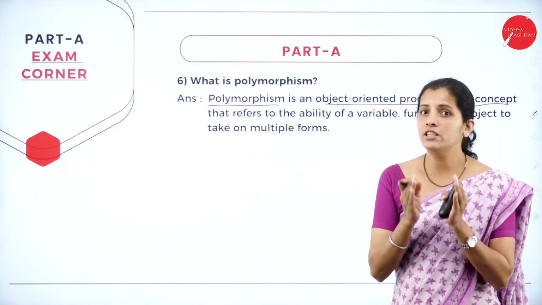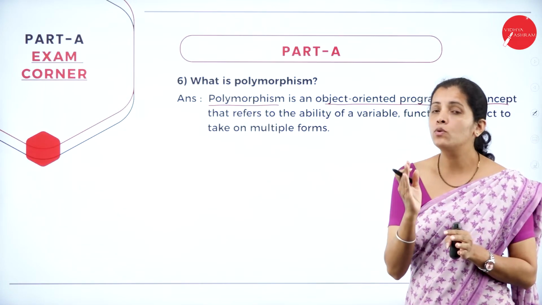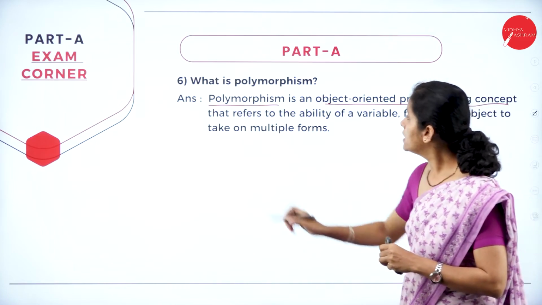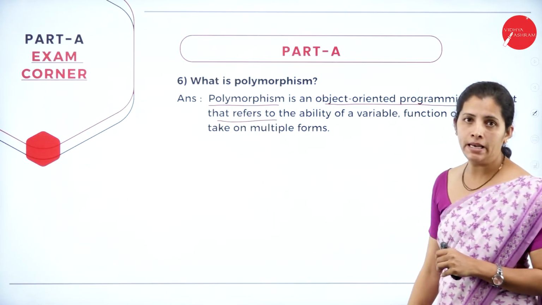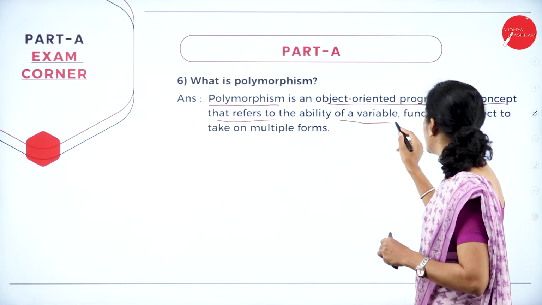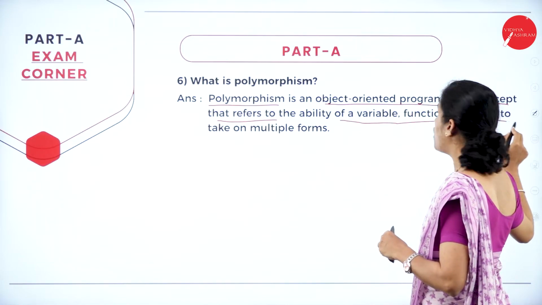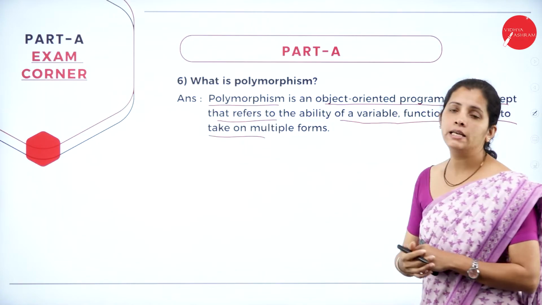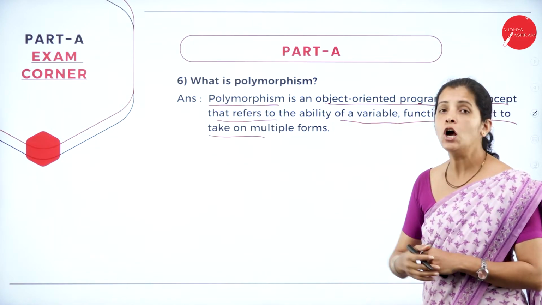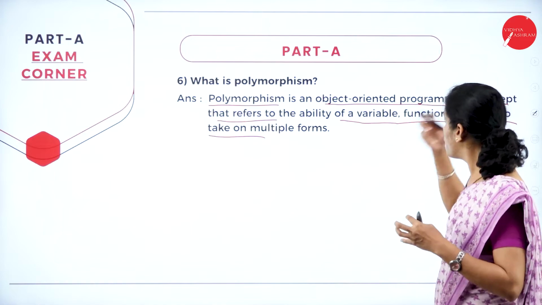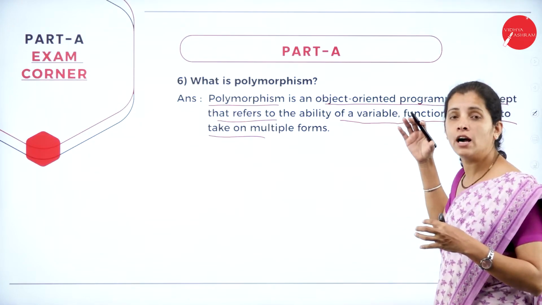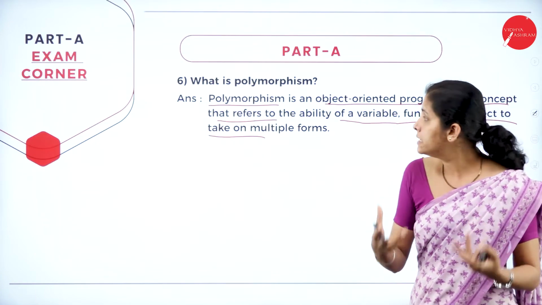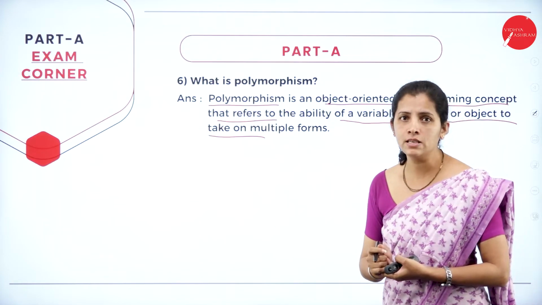The main feature of object-oriented programming is polymorphism, that refers to the ability of a variable, function or object to take on multiple forms. That means objects or variables or functions can take multiple forms, itself called polymorphism.